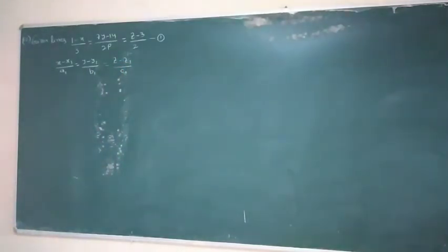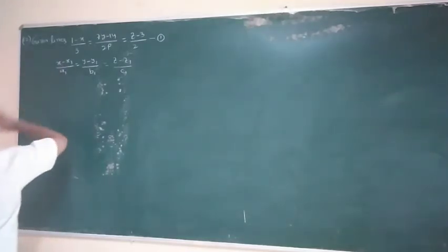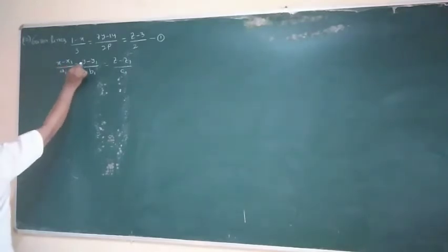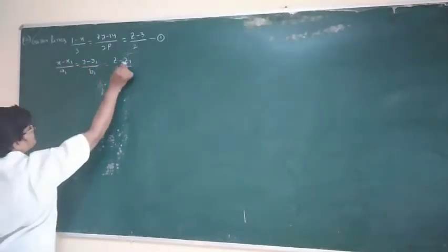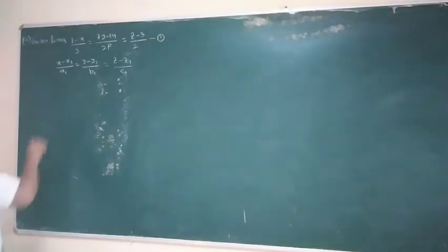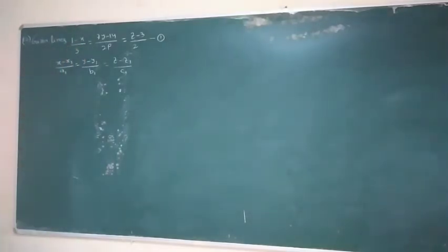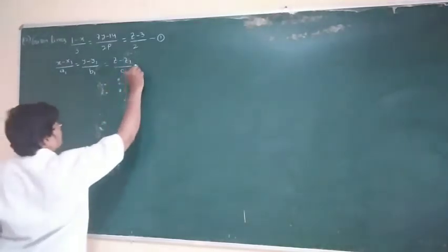This is the general equation of a line. Here, this one is not x minus 1. So the given Cartesian equation must be reduced into the general equation of a line.